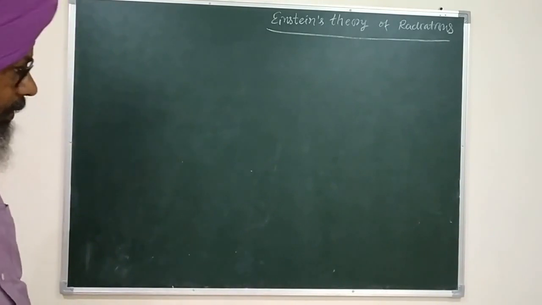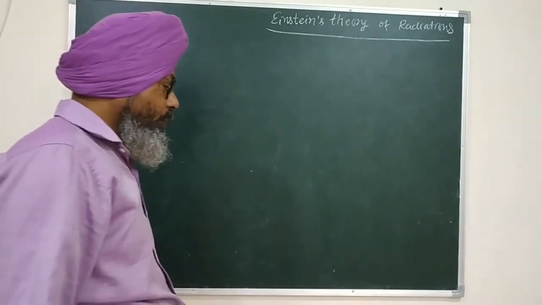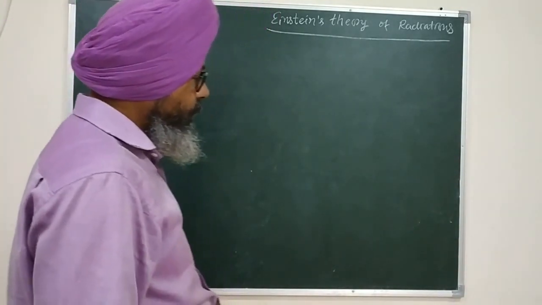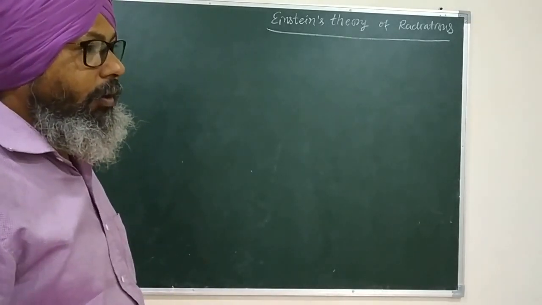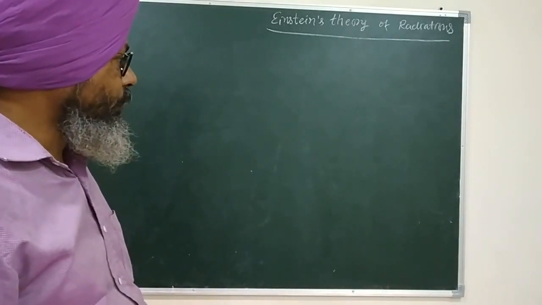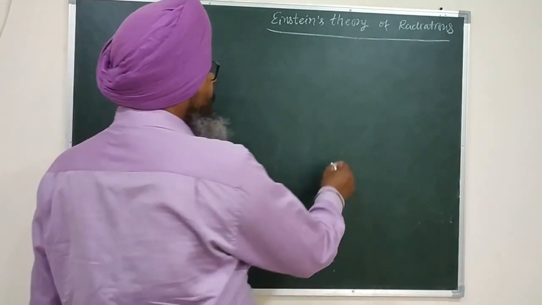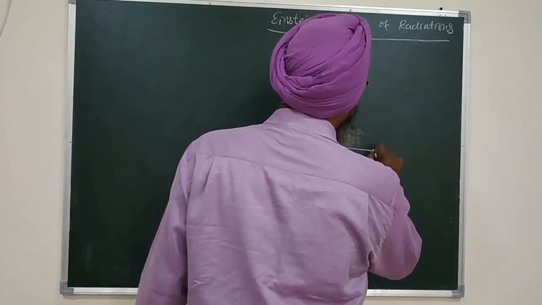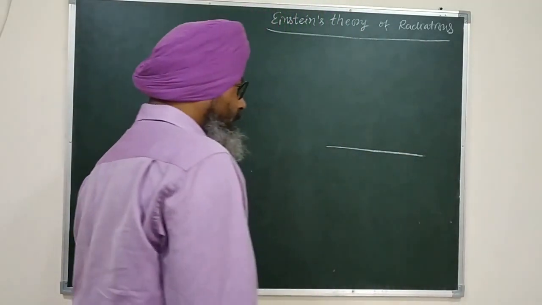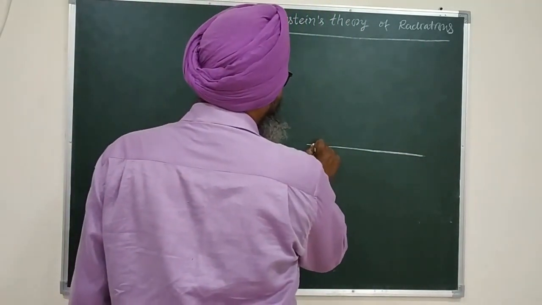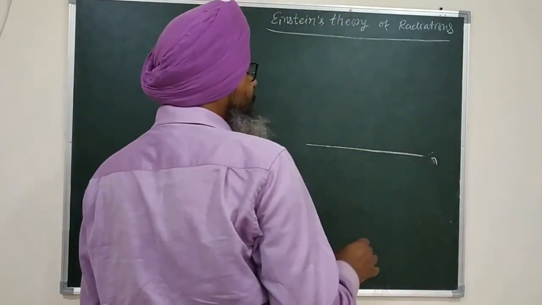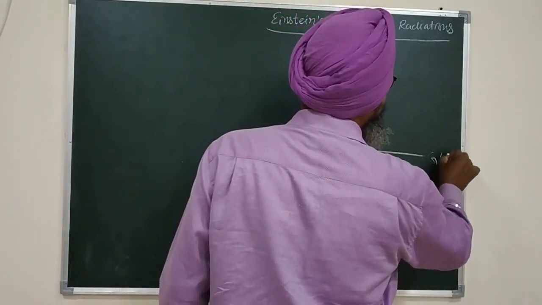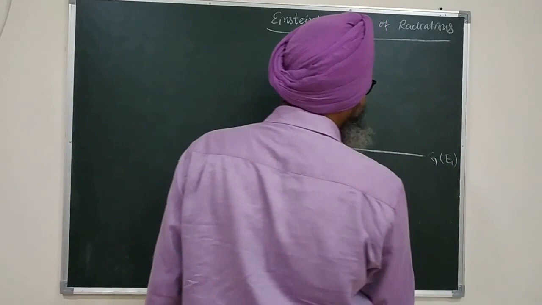So, what is there in this theory? Suppose I have a certain material which I am using, let us say, for obtaining stimulated emission. Let us say this is the lower energy level. I will call it the ground energy level, its designation will be G. Let the average energy of this level be E1.